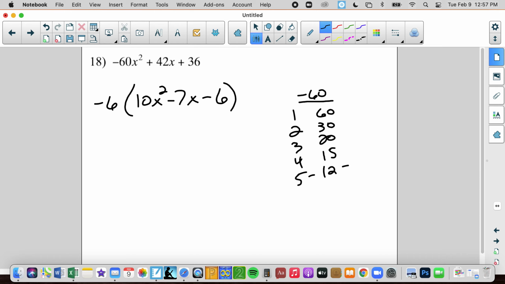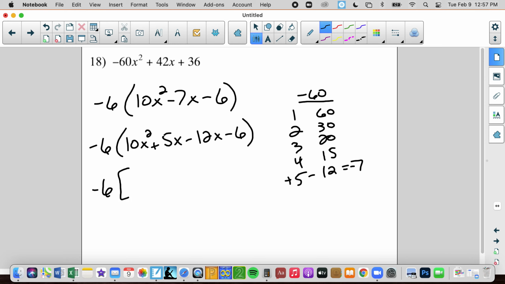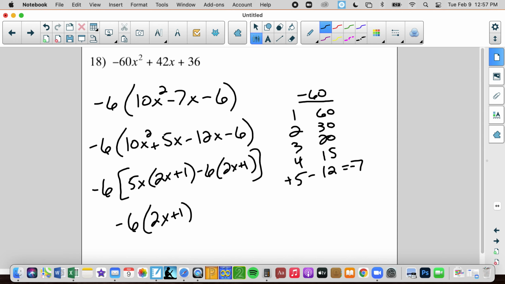Signs are different. Bigger is negative, so I have positive 5, negative 12. Negative 6 times 10x squared plus 5x minus 12x minus 6. I'm going to take out a 5x. That leaves me with 2x plus 1. I'm going to take out a negative 6. 2x plus 1. And my answer is negative 6 times the quantity 2x plus 1, 5x minus 6.